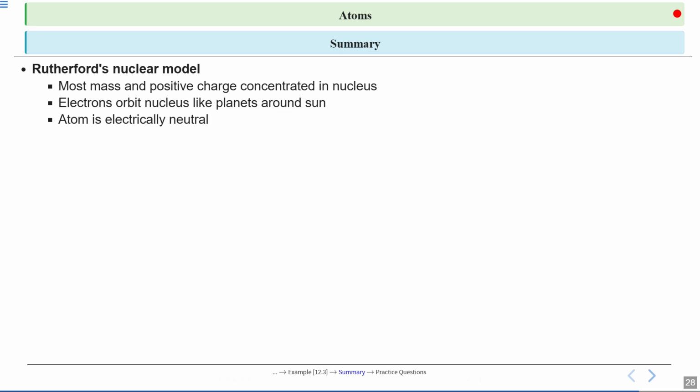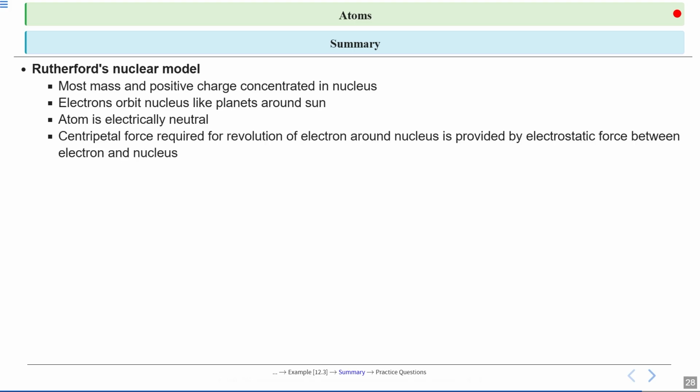This means the total positive charge in the nucleus is exactly balanced by the total negative charge of the electrons. The electrons are kept in their orbits by a centripetal force provided by the electrostatic attraction between the negatively charged electrons and the positively charged nucleus. This is similar to how gravity keeps a planet in orbit, but here it's the electric force doing this job.